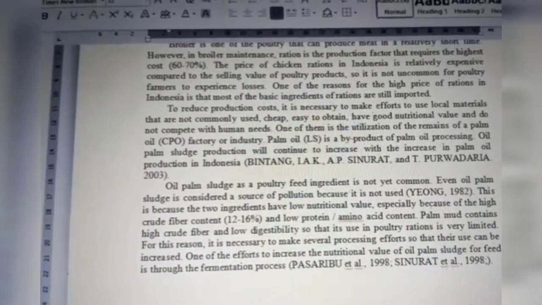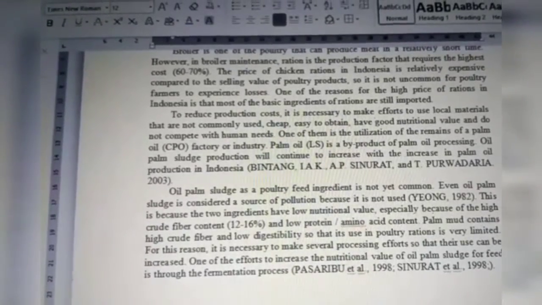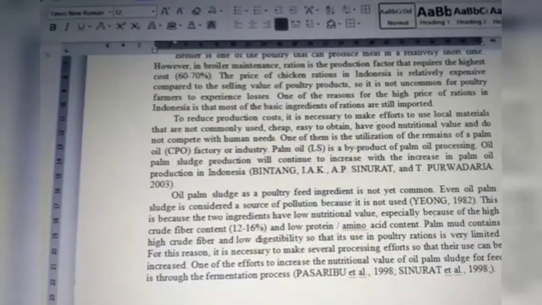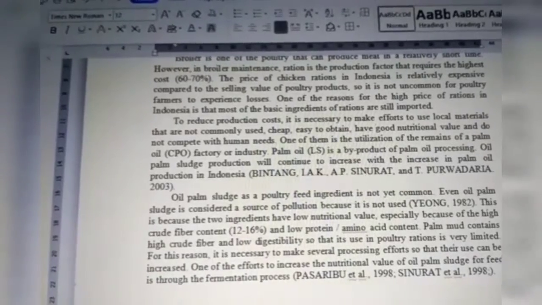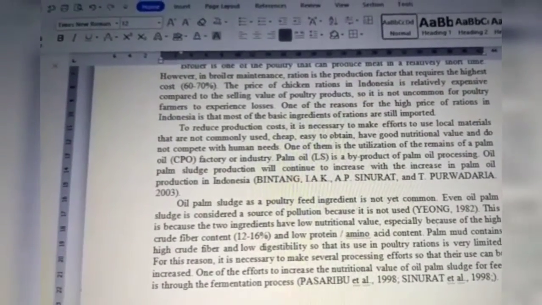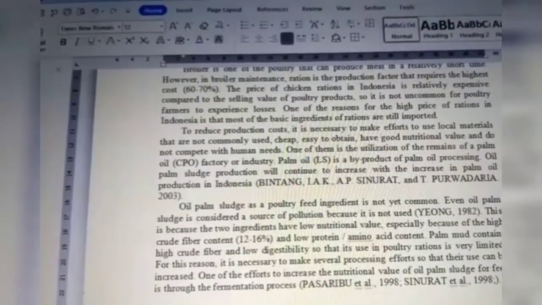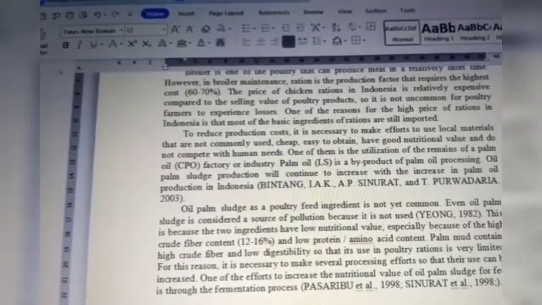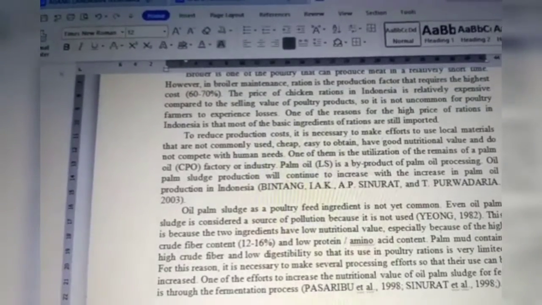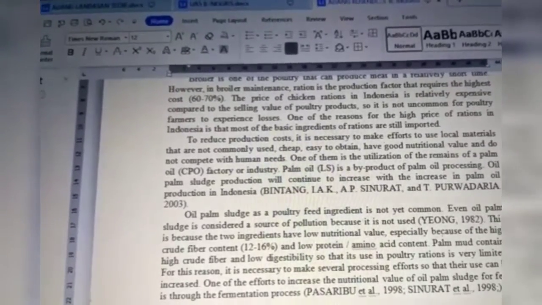One of them is oil palm sludge, the remainder of palm oil processing in the factory industry. Oil palm sludge is a byproduct of palm oil processing. Oil palm sludge production will continue to increase with the increase in palm oil production in Indonesia.